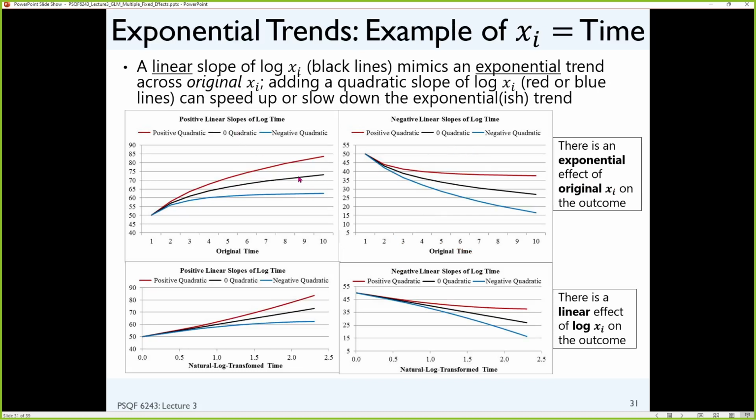These pictures were created by taking time on the x-axis and taking the log transformation of it. And so down here, the x-axis is log transform time, and the black line shows that it's a linear effect. But if you unlog it, exponentiate it back to the original time metric, it creates this bendy curve.